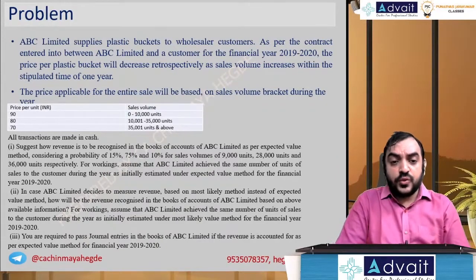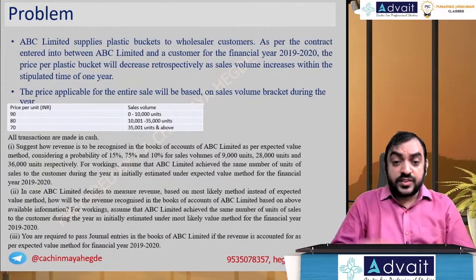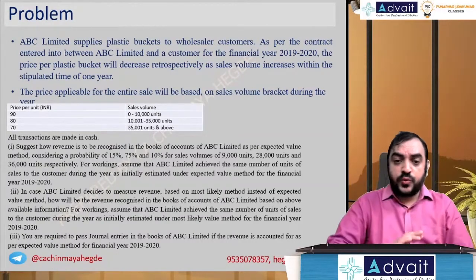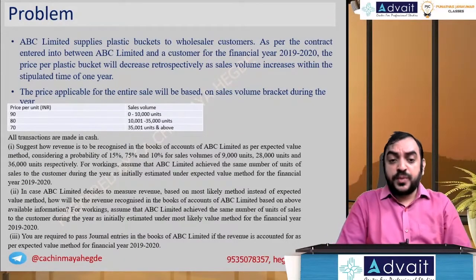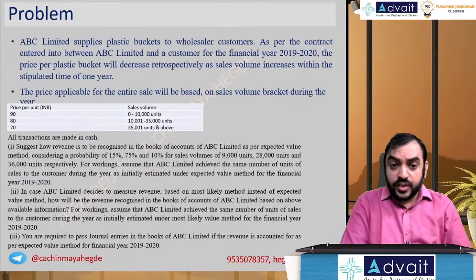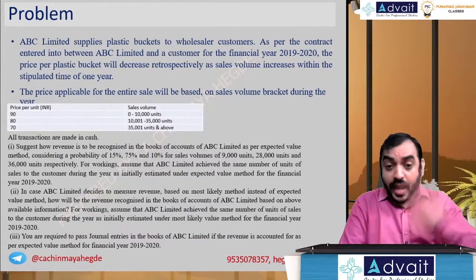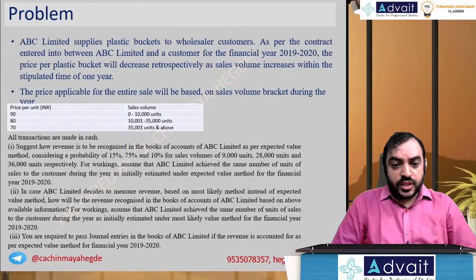Suggest how the revenue is to be recognized in the books of accounts of ABC Limited as per expected value method, considering a probability 15%, 75%, 10% for the sale volume 9,000, 28,000 and 36,000 units respectively. For workings, assume that ABC Limited achieved the same number of units of sales to customer during the year as initially estimated under expected value method for the financial year 1920. You are also required to pass journal entries.